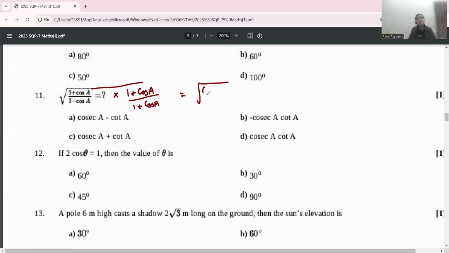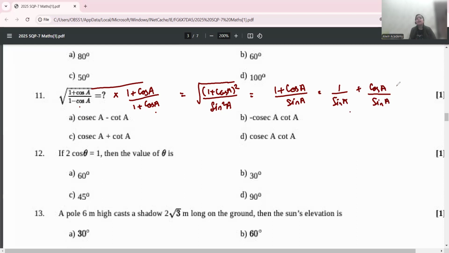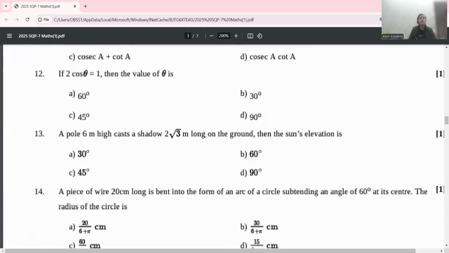So we get root of 1 plus cos A square upon, this becomes 1 minus cos A into 1 plus cos A, so it becomes 1 minus cos square A, or we can write it as sine square A. Now, to get this out of the root, we get 1 plus cos A by sine A, or 1 by sine A plus cos A by sine A. 1 by sine A is cosec A, cos A by sine A is cot A, so cosec A plus cot A, option number C.